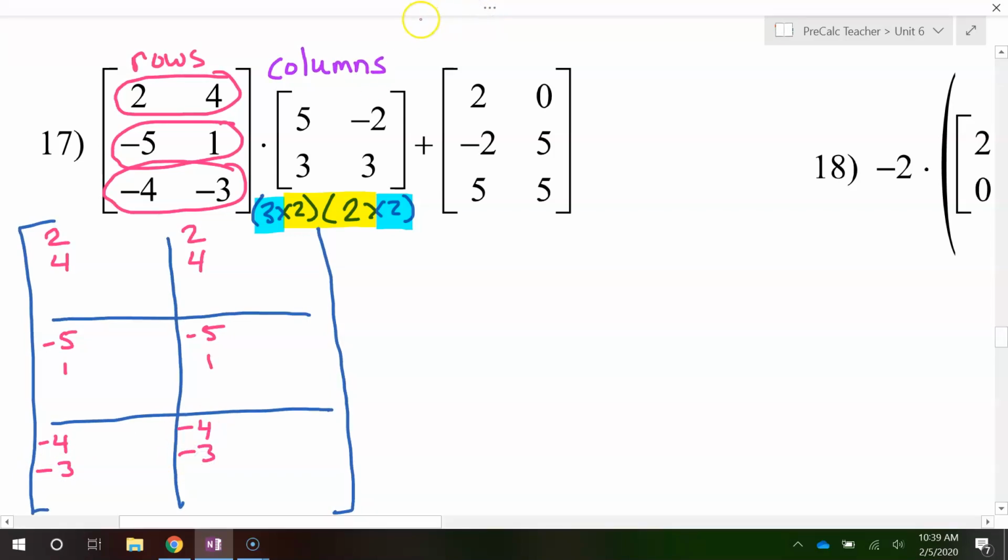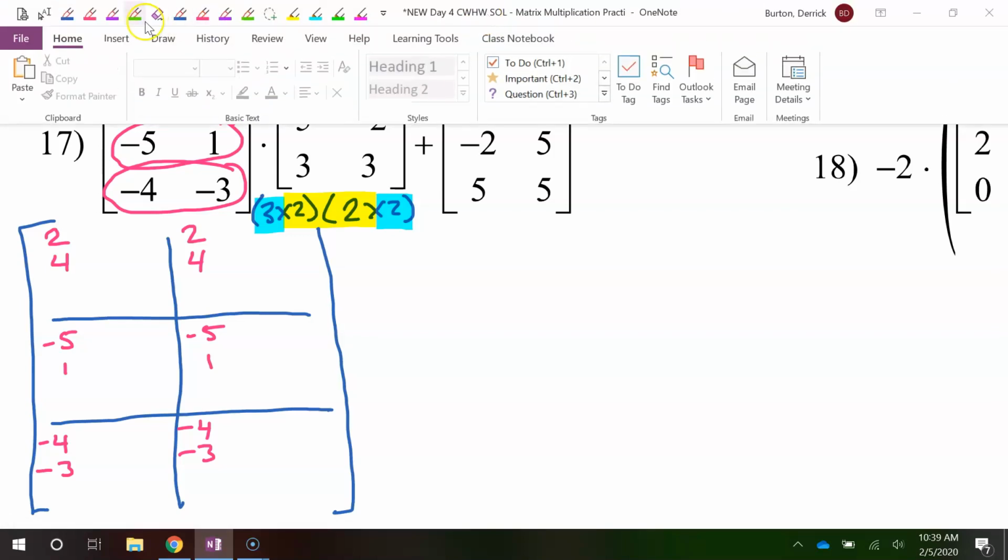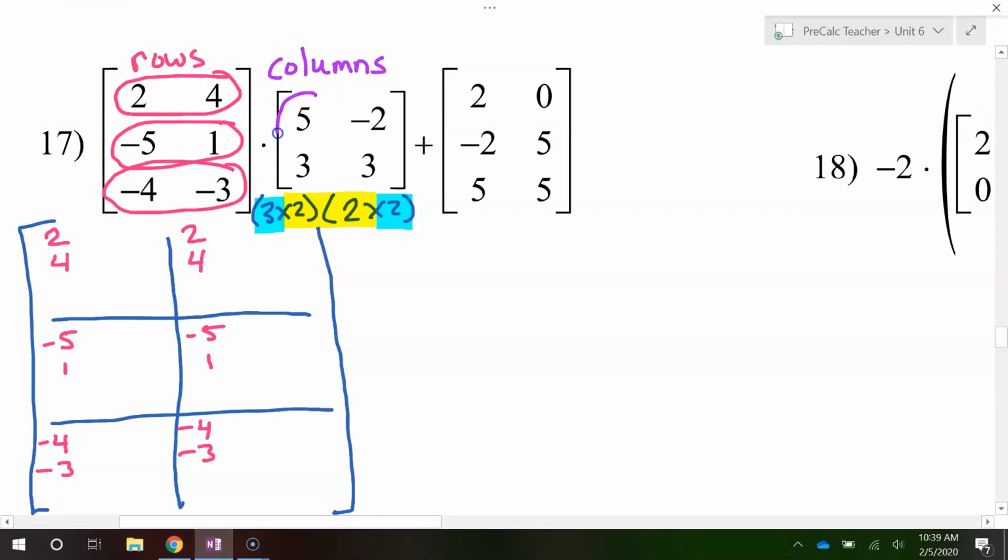Now it's time for the columns. The first column goes down the first column. The second column goes down the second column.